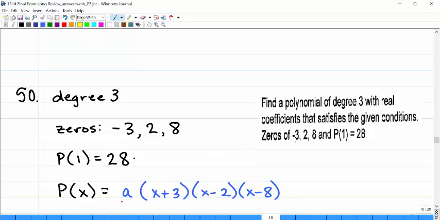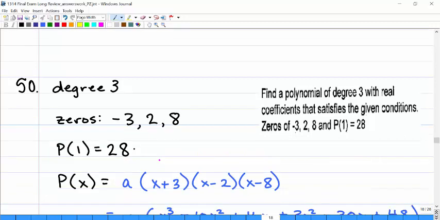This a out front is going to come into play in a few minutes when we have to have the condition p of 1 equals 28. So just leave it alone for a minute, and I'm going to FOIL these two binomials. So I have a times x plus 3 times x squared minus 10x plus 16.